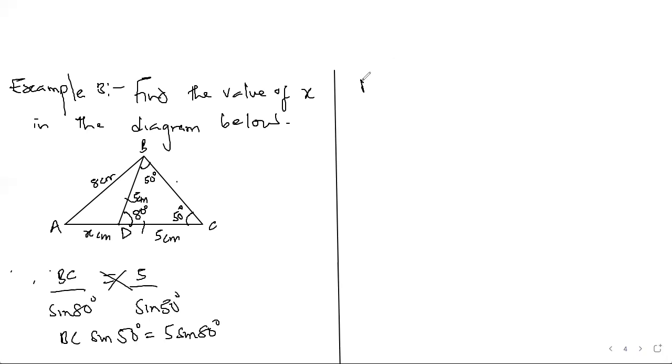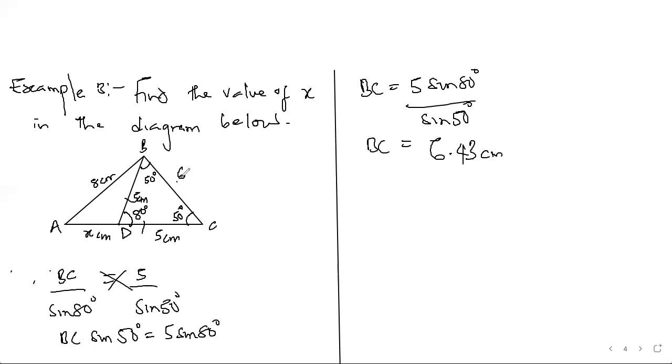Then BC will be equal to 5 sine 80 degrees divided by sine 50 degrees. So BC will give us 5 sine 80 divided by sine 50. So that will give you 6.43. Now I have BC as 6.43 centimeters.